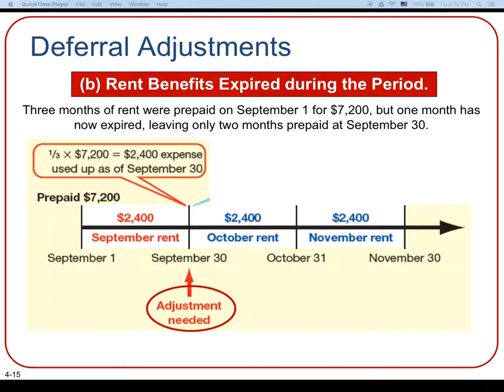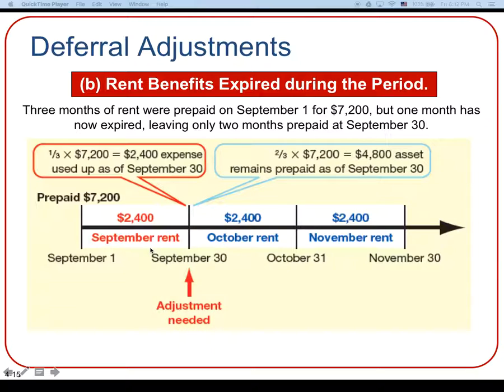So by the end of September 30th, this portion of the rent is already, the benefit is already exhausted. So you have to make an adjustment at this end of the accounting period to record the $2,400 of the rent as a rent expense, because 2/3 of it is still there.